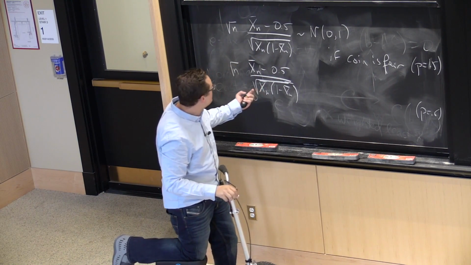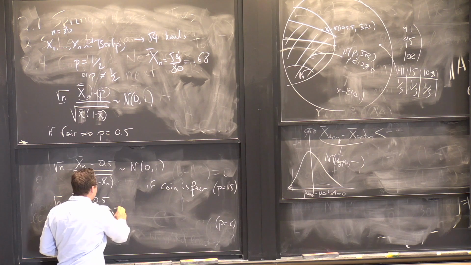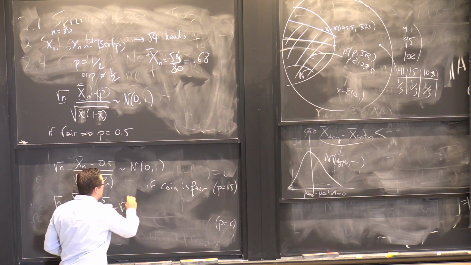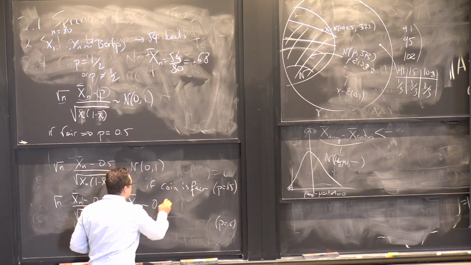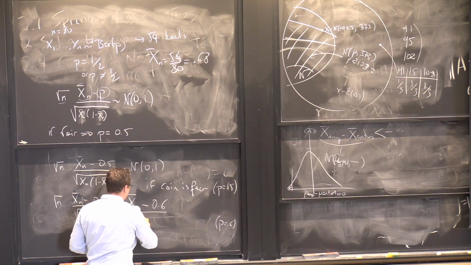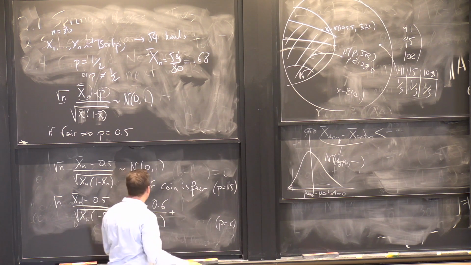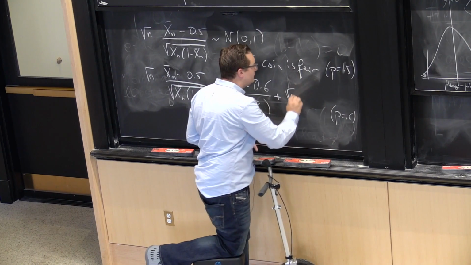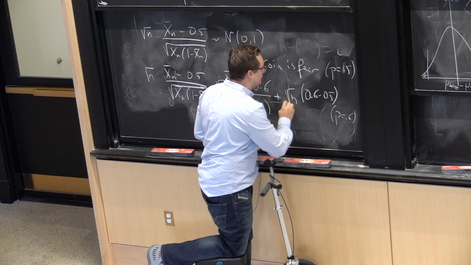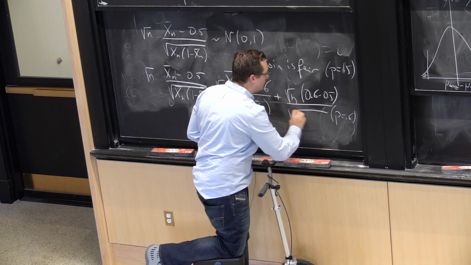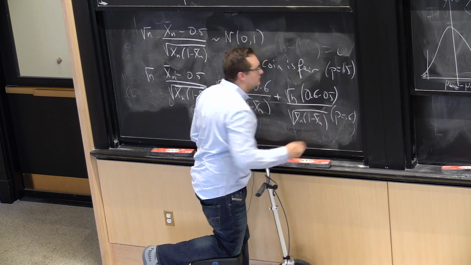then this thing is equal to square root of n times (xn bar minus 0.6) divided by the square root of xn bar(1 minus xn bar), plus, now the difference, square root of n times (0.6 minus 0.5) divided by the square root of xn bar(1 minus xn bar).